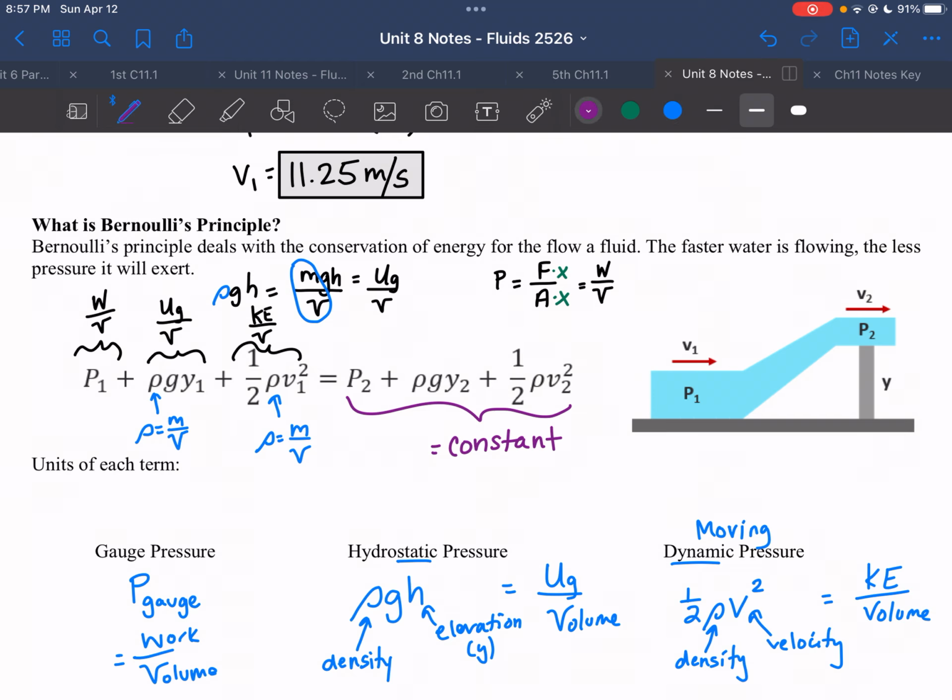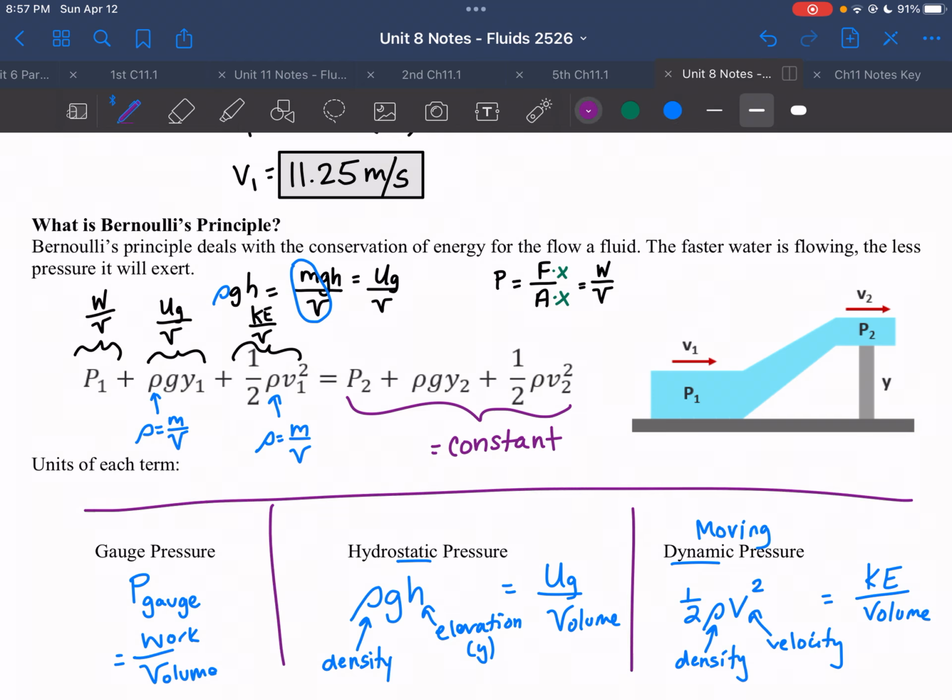Each one of these three pieces is put together to give us Bernoulli's principle. And again, when you add all that stuff together, it should remain constant. The units of energy per volume are exactly the same.